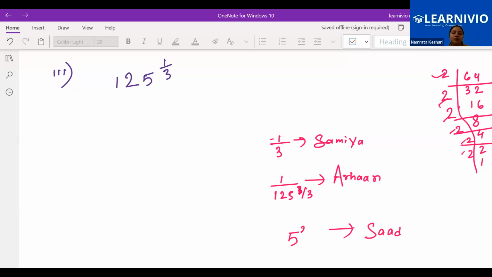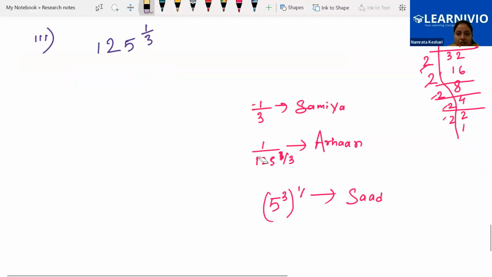Excuse me, ma'am, can I rephrase my answer a little bit? Yes, tell me. We can write 125 as 5 raised to the power 3, and then we can multiply 5 raised to the power 3 into 1 upon 3.